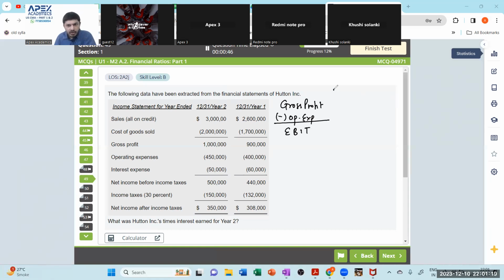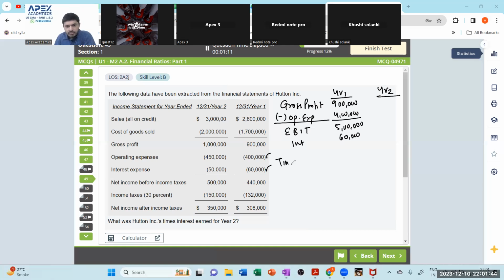So year 1, year 2. Gross profit for year 1 is how much? 9 lakhs. And operating expenses are how much? 4 lakhs. What is your EBIT? 5 lakhs. What is your interest? 60,000.